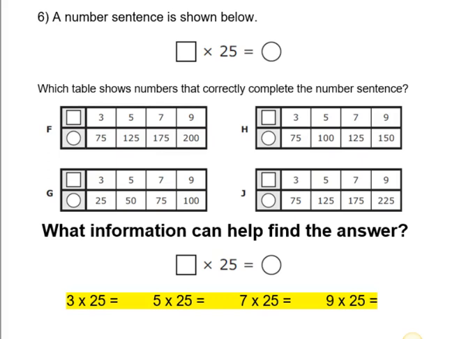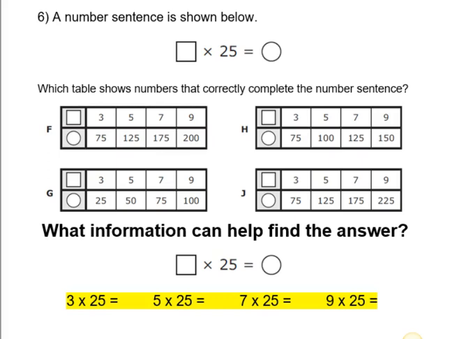And what we are going to do is replace the square with a number, or substitute in that value. So it's 3 times 25 is equal to, 5 times 25 is equal to, 7 times 25 is equal to, and also 9 times 25 is equal to.